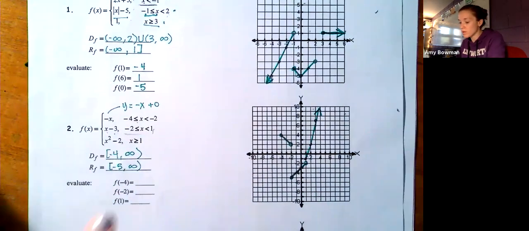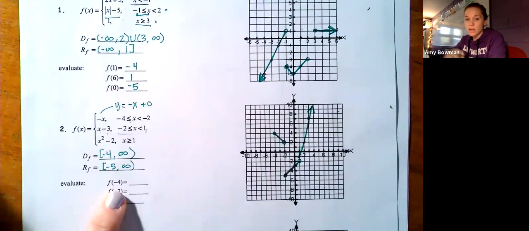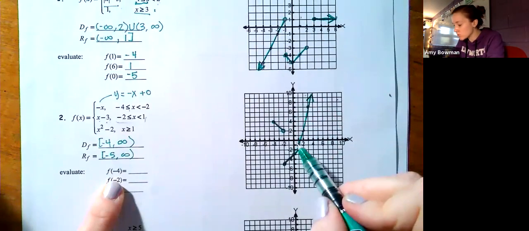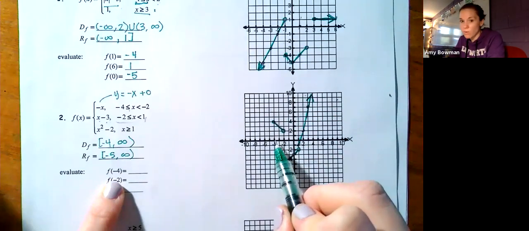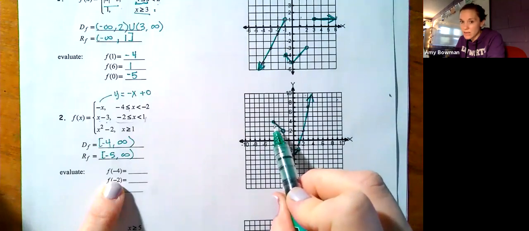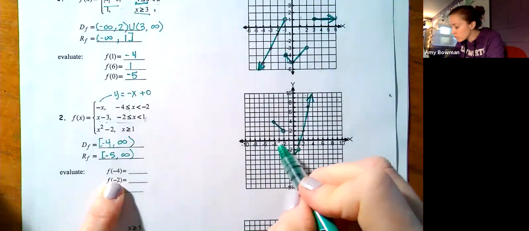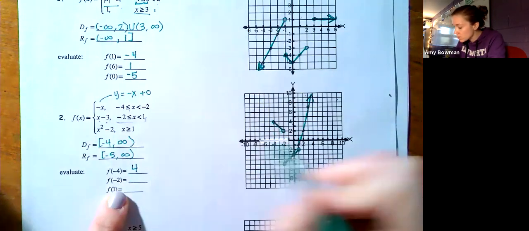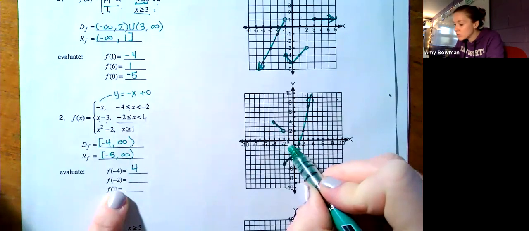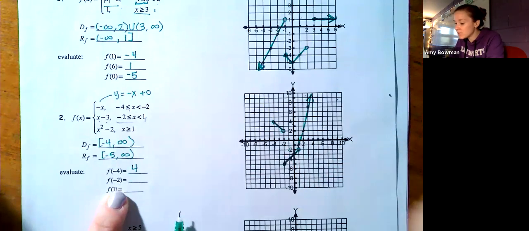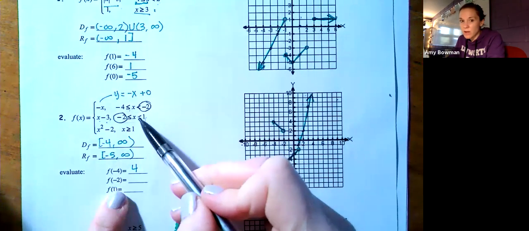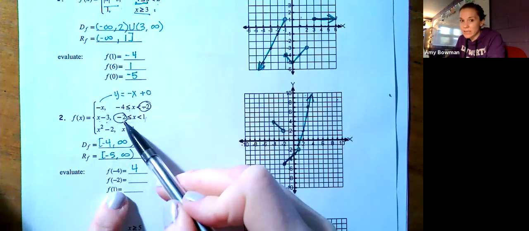So now we're at a point where we can evaluate some of these values. f of -4: you would just go to -4 and figure out what piece of the function is there, and that y value is your answer. So the function value at -4 is +4. The function value at -2, this one's a little tricky because -2 is where the function jumps from this first line to the second line.